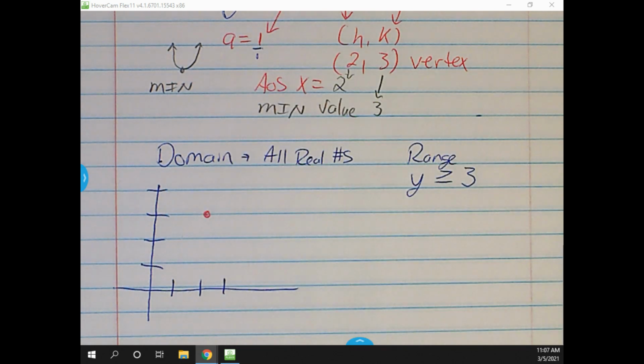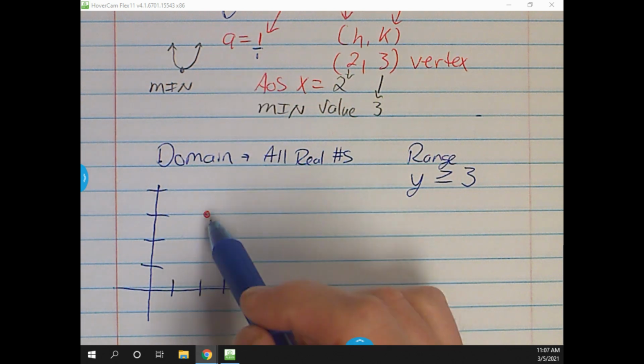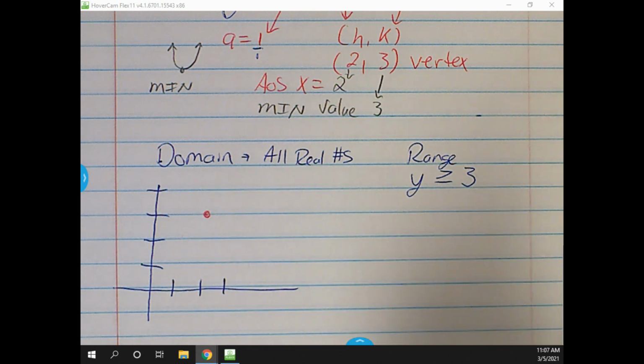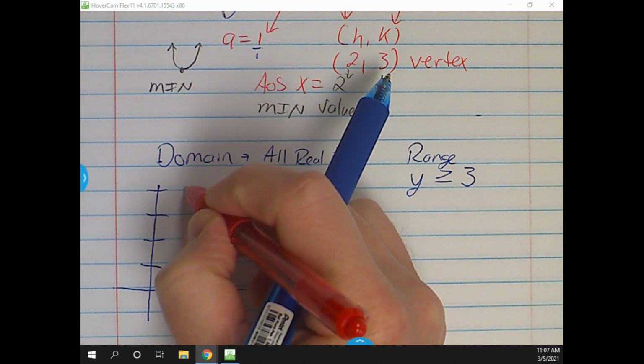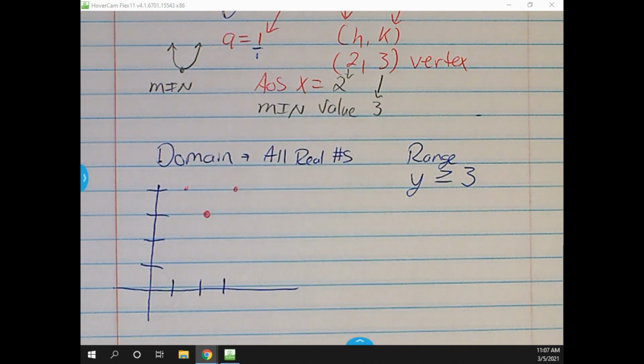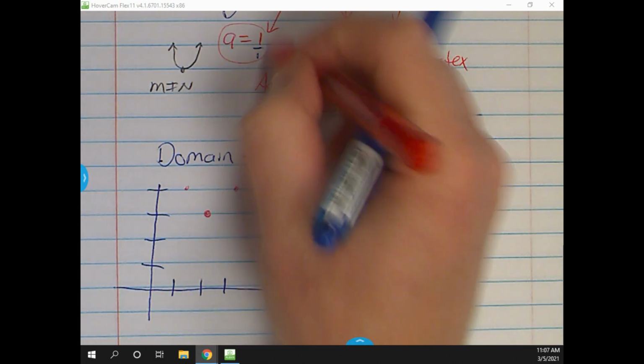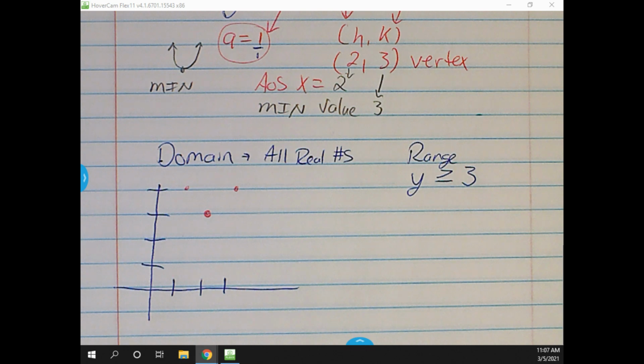We're going to put this thing as like 1/1. To get the next point to the right or the left, we're going to go up 1 and over 1 to the right. We can also go up 1 and back 1 to the left, and that will get us there. So we're going to use the a value as a shortcut as long as it's a whole number.